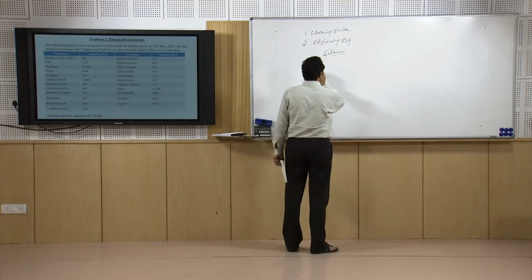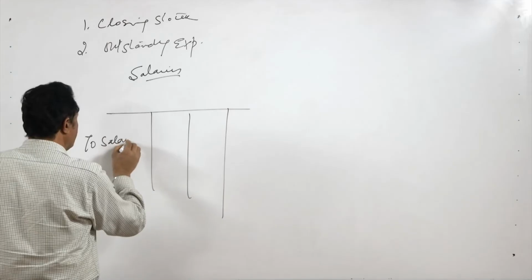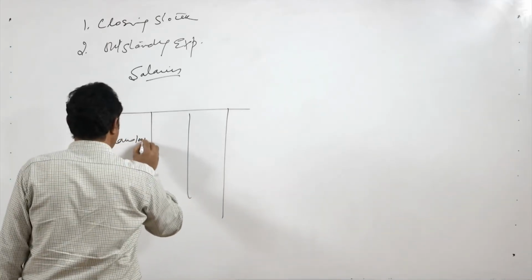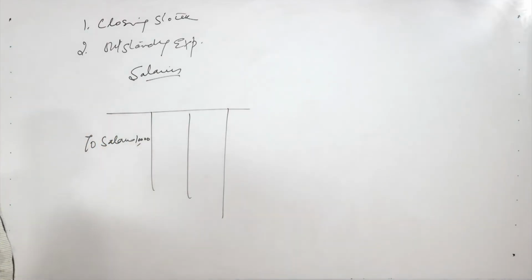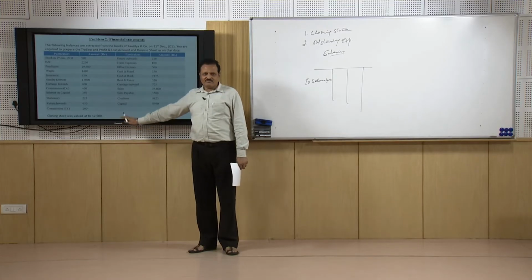The first effect of these salaries will be in the profit and loss account, right? This is your profit and loss account, you are writing salaries here. For example, the figure given here is 10,000 rupees, so put it in the inner column. And here it is written that salaries worth 2,000 rupees are outstanding; that additional information is given.